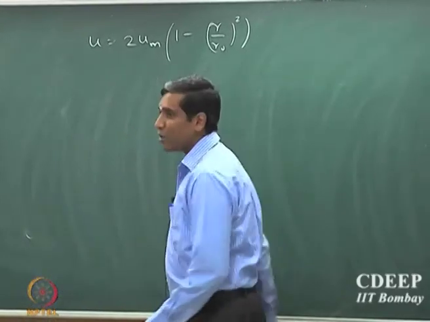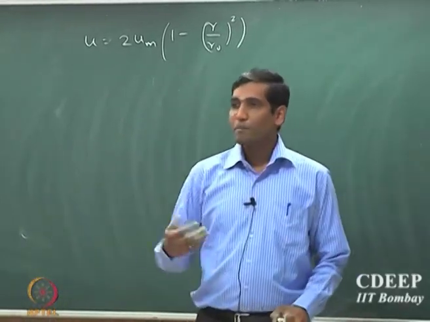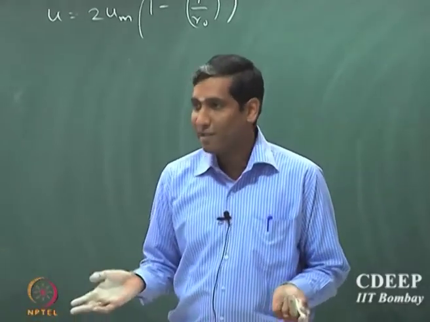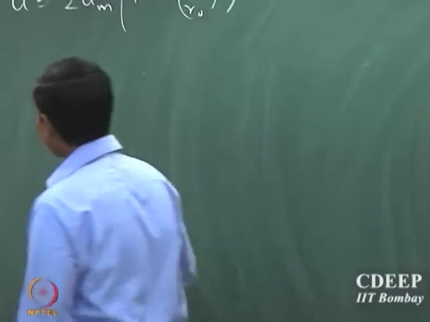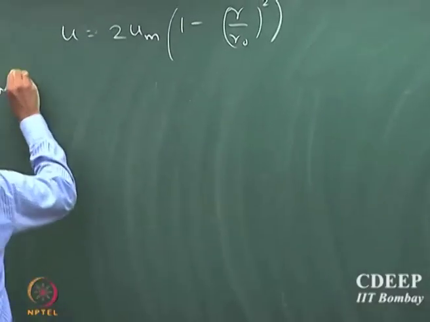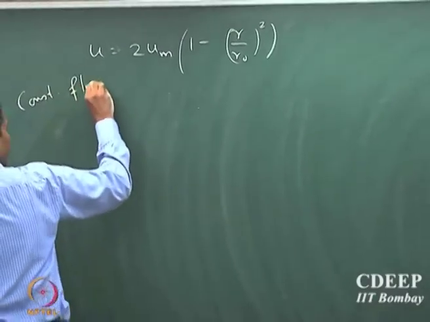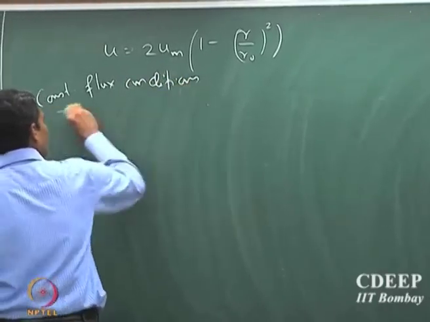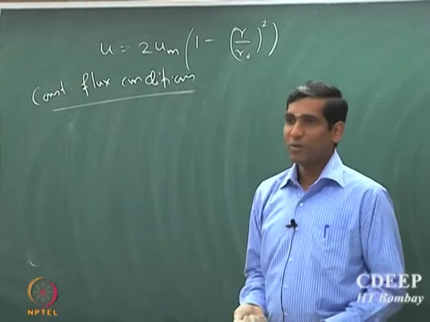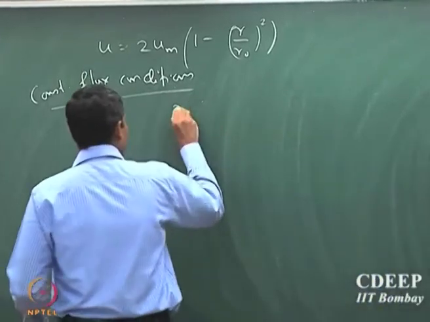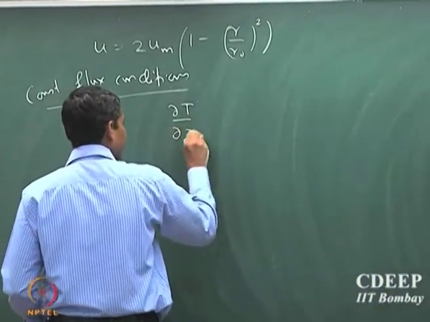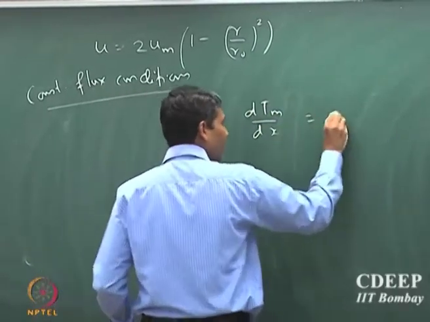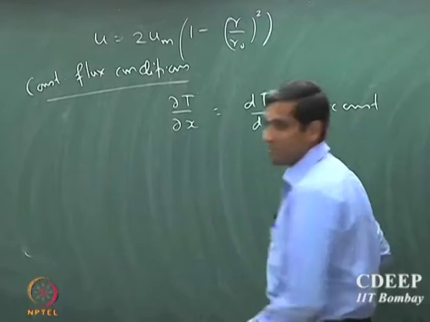We have to tap on some of the properties that we derived without solving the equations. Suppose I start with a constant flux condition. For constant flux conditions, dTm/dx is a constant.